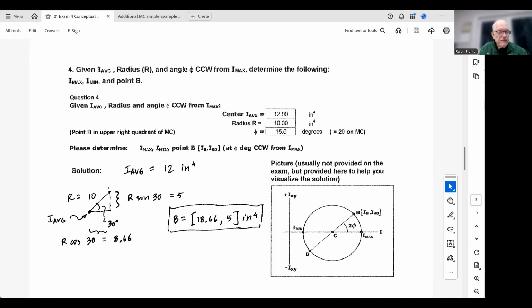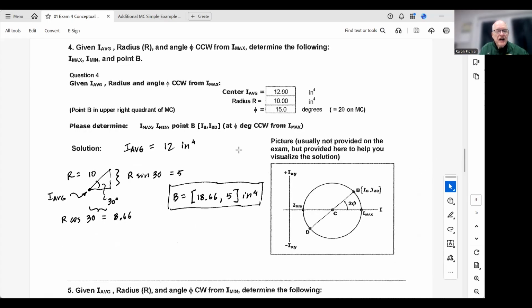So the coordinates of this point, if this is point B, are I average plus 8.66, and 12 plus 8.66 is 20.66. And then the vertical coordinate, the product of inertia at B, is 5. So again, you're given pieces, and then you have to find other things, like I max and I min.